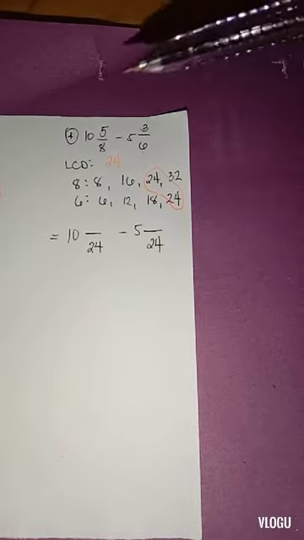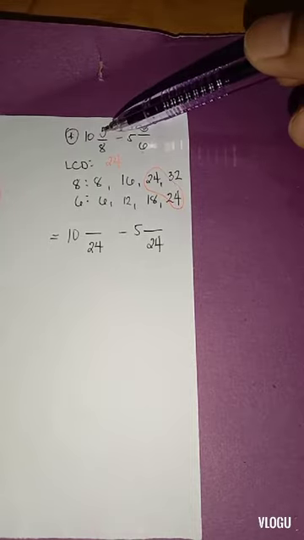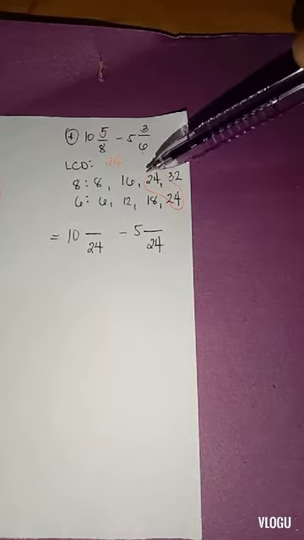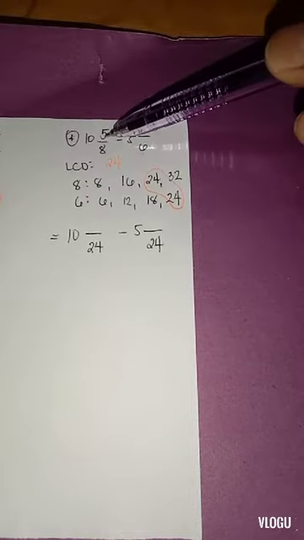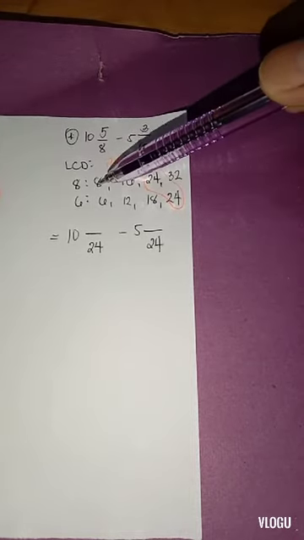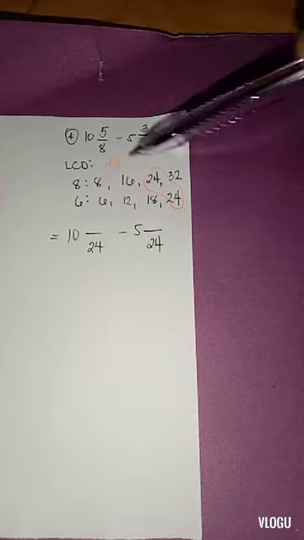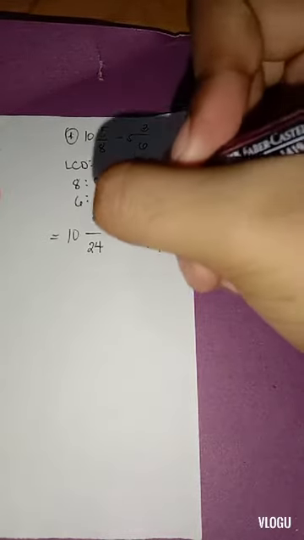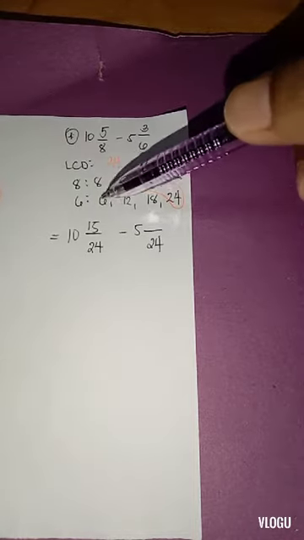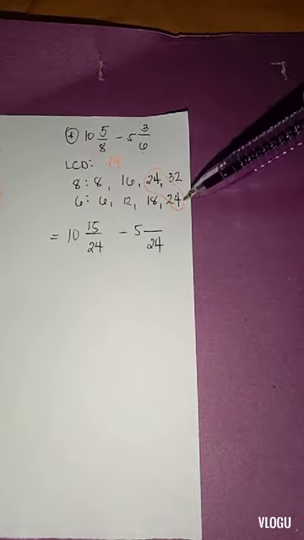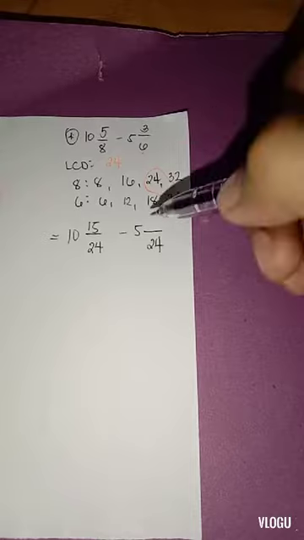Now, the next step is we will now multiply the numerators by the factors. Kung ilan yung factors yung nakuha natin. So 5, bilangin lang natin yung dito. 1, 2, 3. So 5 times 3 is equals to 15. The next 3. So 1, 2, 3, 4. So 3 times 4 is equals to 12.